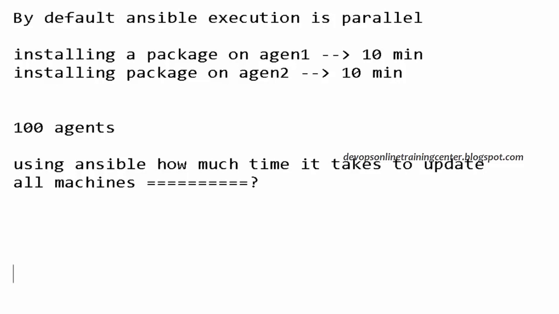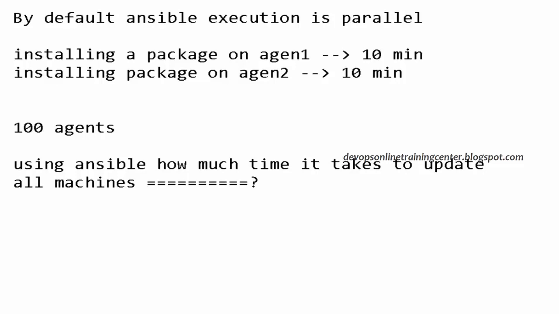Basically, a certain task takes 10 minutes to execute on a single machine, and it has to be done on 100 machines. If we do it manually, it takes 100 times 10, that is 1,000 minutes, to complete the job. That is serial execution. But Ansible by default does parallel execution.